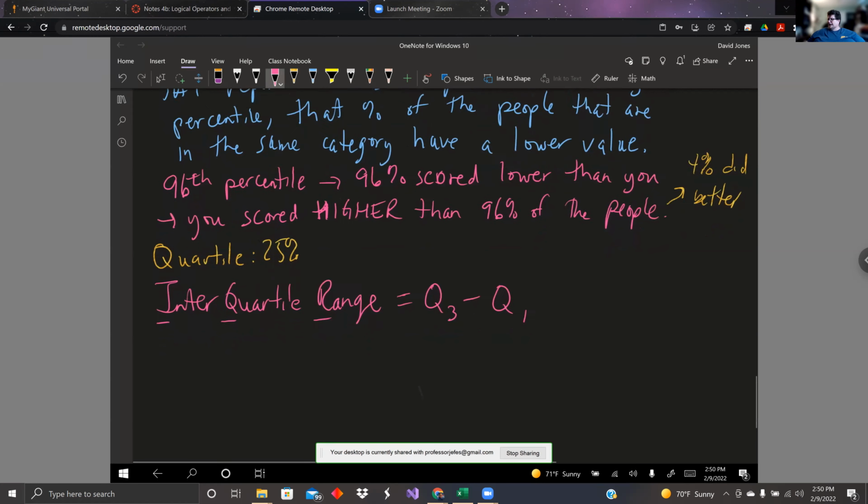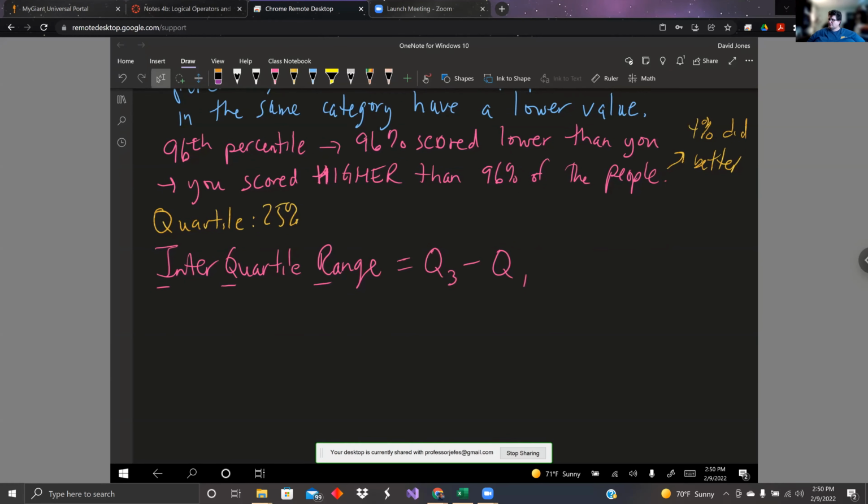And the way we flag outliers here, outliers are related to the lower and upper fence.